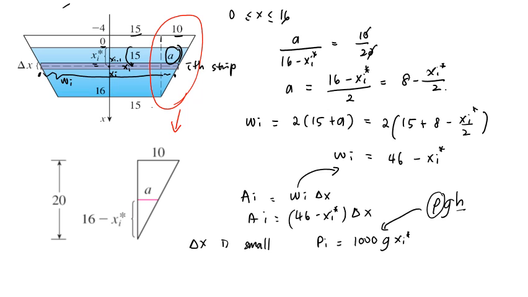So that is for pressure, but we want to find the force acting. Force equals pressure times area. So the force acting on the i-th strip equals the pressure acting on the i-th strip times the area of the i-th strip.